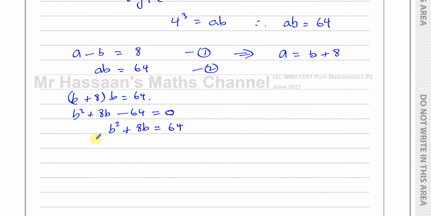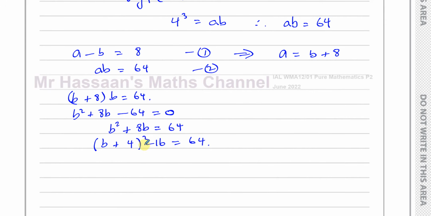I have a square bracket with b plus half of the coefficient, so that's 4. If I expand that, I'm going to get b squared plus 8b plus 16, so I've got to take away the 16, and this simplifies so that b squared plus 8b is the same as b plus 4 all squared minus 16.